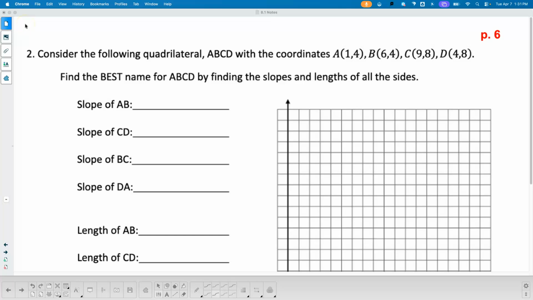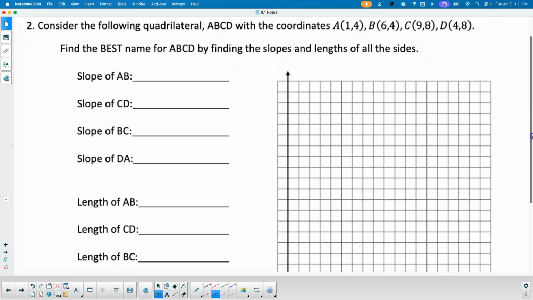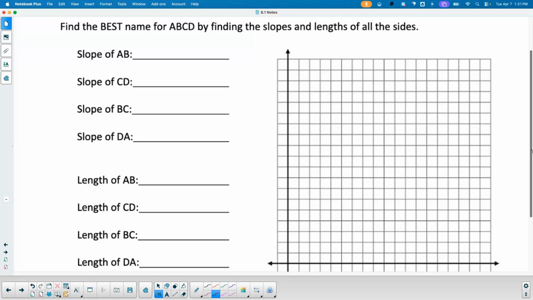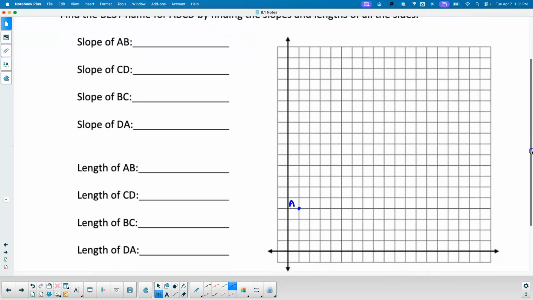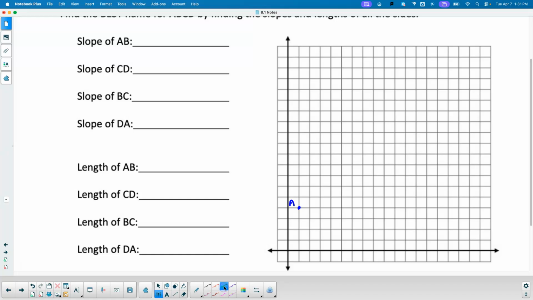All right, A is 1, 4. 1, 2, 3, 4 should be right there. That was A. B is 6, 4. 1, 2, 3, 4, 5, 6.